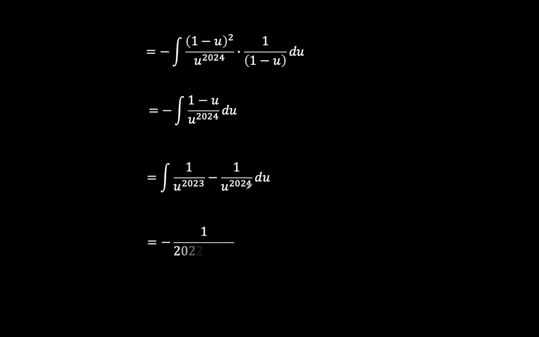So these are easily integrable polynomials. We now have the integration of 1 over u to the power 2023, which is the same as negative 1 over 2022 u to the power 2022. And then the integration of negative 1 over u to the power 2024 is the same as plus 1 over 2023 u to the power 2023, plus the integration constant.